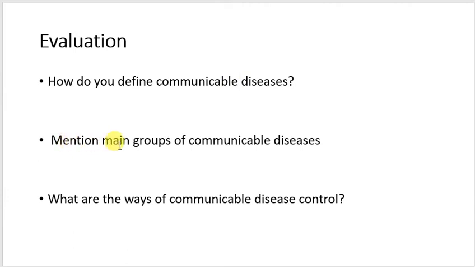Then mention the main 3 groups of communicable disease. Group number 1 was the contagious group, diseases which can be transmitted from one person to another by contact, which can be direct or indirect contact, as simple as that. Then group number 3 was sexually transmitted disease, and then we had vector-borne disease.